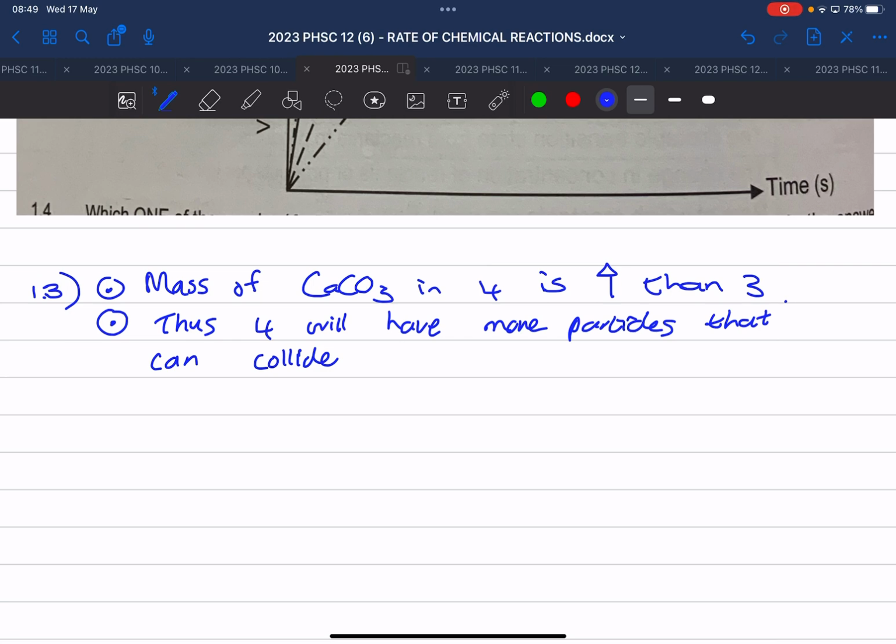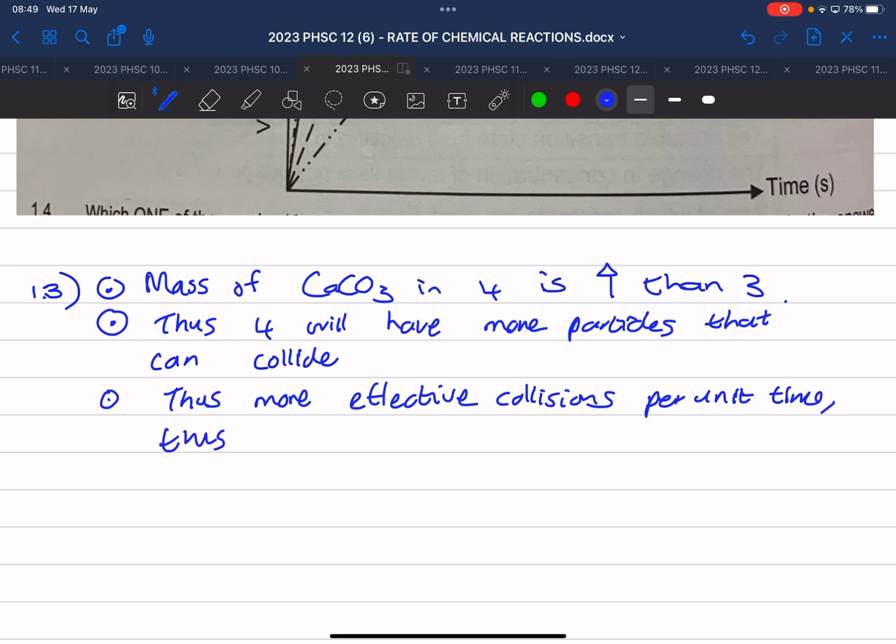Then that golden sentence. What is that golden sentence? Thus, more effective collisions per unit time, thus the rate is bigger.